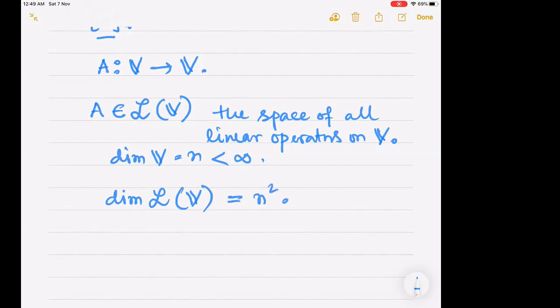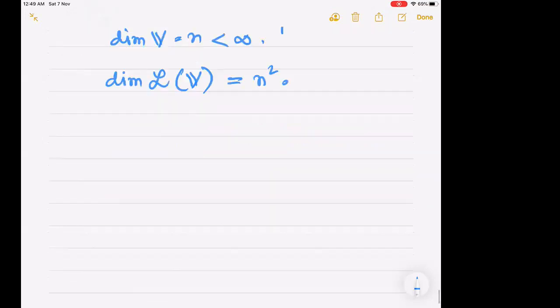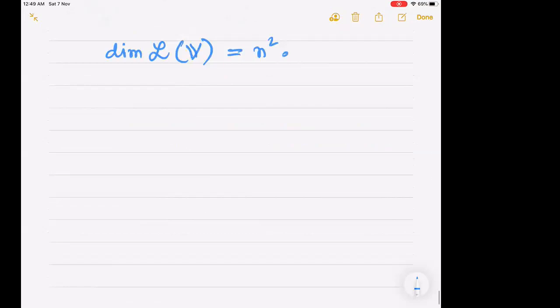Because it's n squared dimensional, I can have at most n squared linearly independent vectors. So if I look at these operators, identity, then A, A squared, A cubed, and so on up to A to the n squared, how many elements from L(V) are there? N squared plus 1. So this set cannot be linearly independent.